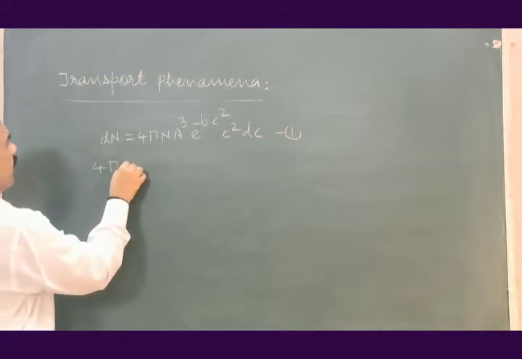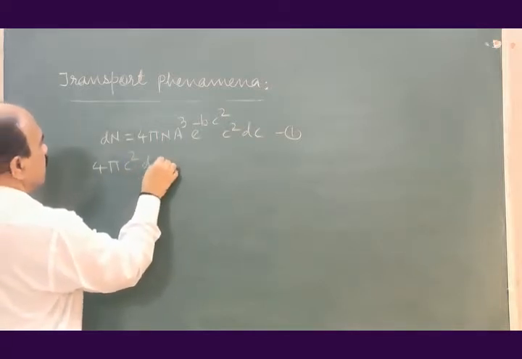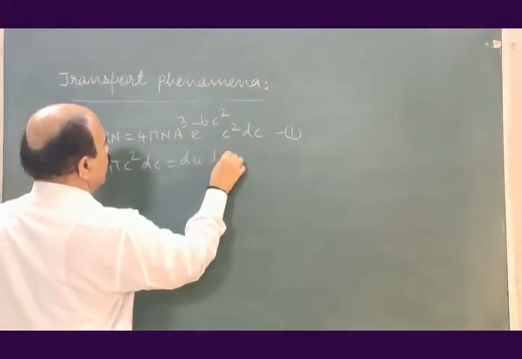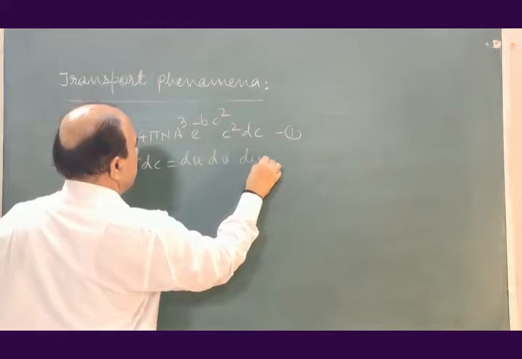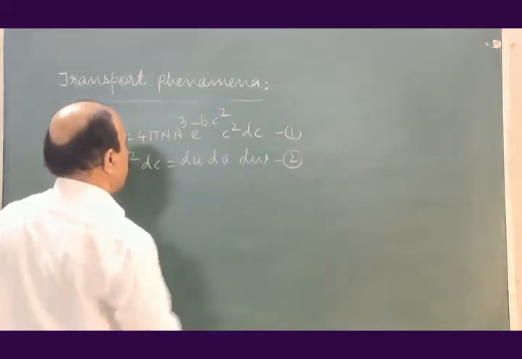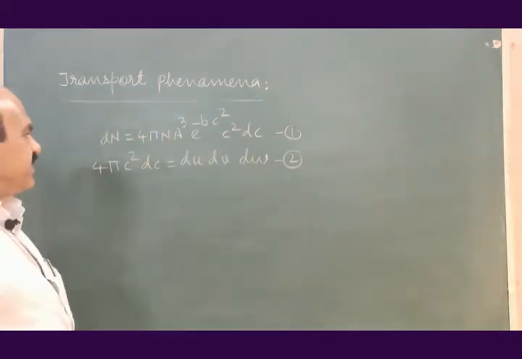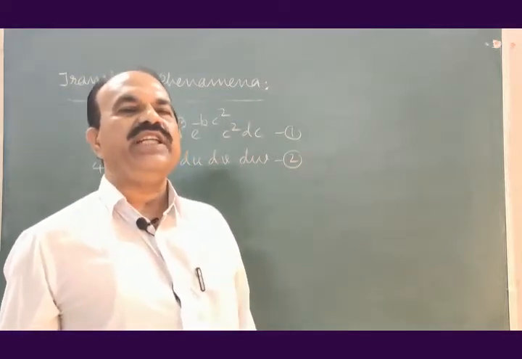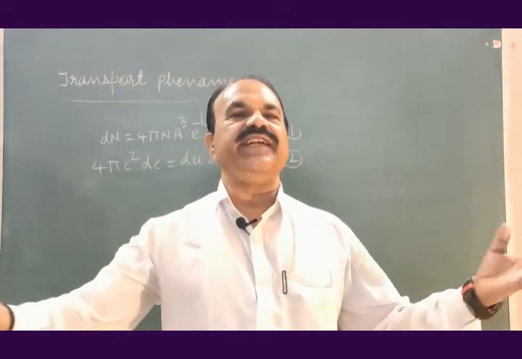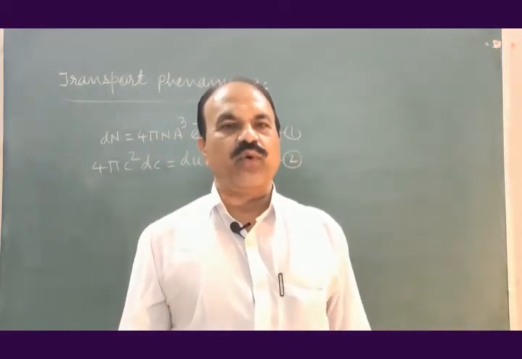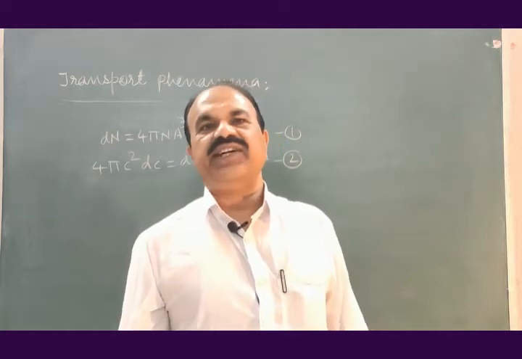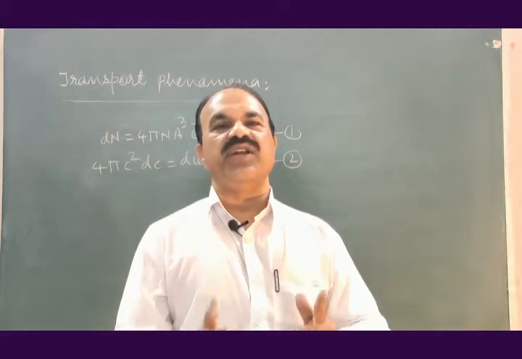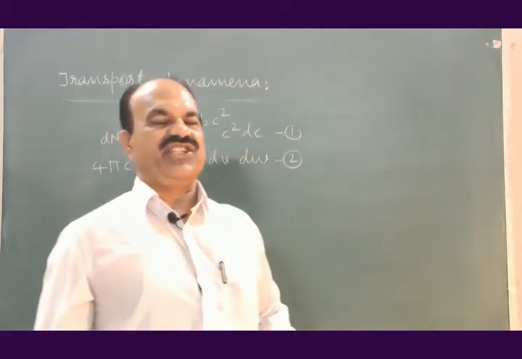But 4 pi c square dc is equal to du dv dw, equation number 2. 4 pi c square dc is the product of the velocity components along 3 directions.